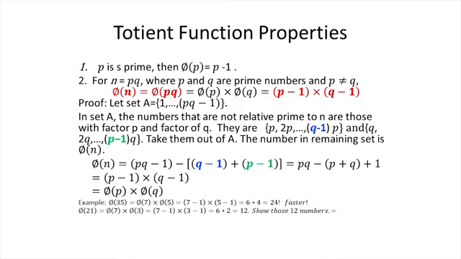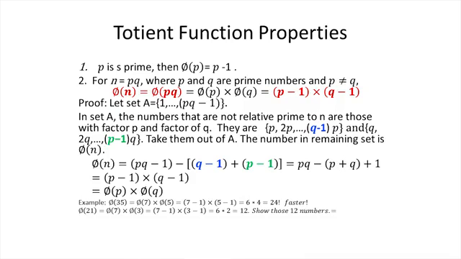So now let's provide the proof. Let A be the set 1, 2, 3, up to PQ minus 1. In set A, the numbers that are not relatively prime to n are those with a factor of P or a factor of Q. Those with factor P are P, 2P, 3P, all the way to (Q minus 1)P.